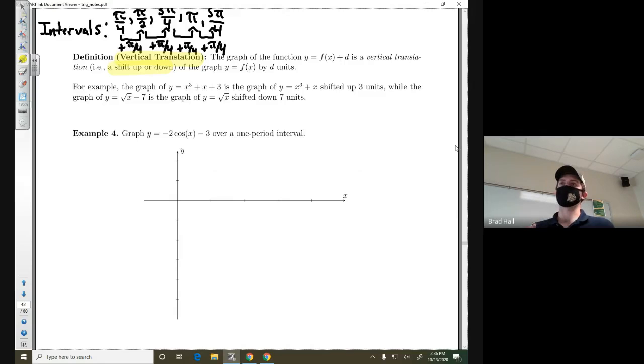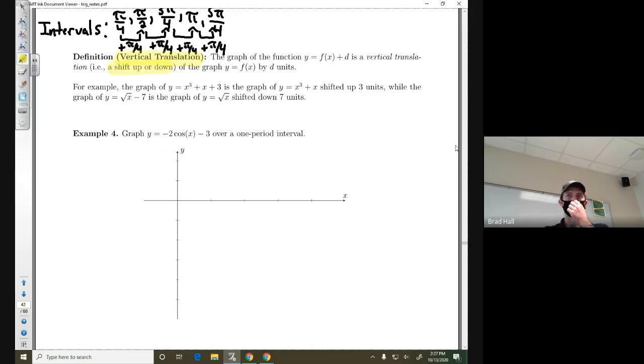So with vertical translations, going back to algebra, the way to tell the difference between a vertical shift versus a horizontal shift is that a vertical translation is when you add or subtract the function as a whole. It's not when you add or subtract the x variable. In general, the rule of thumb is that adding or subtracting of any kind is a shift every time.